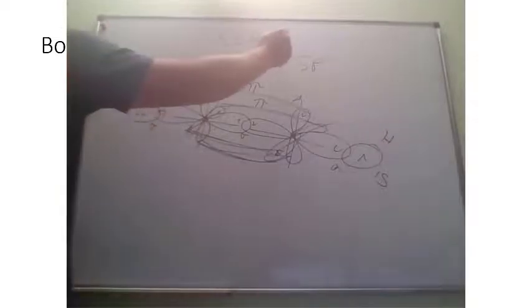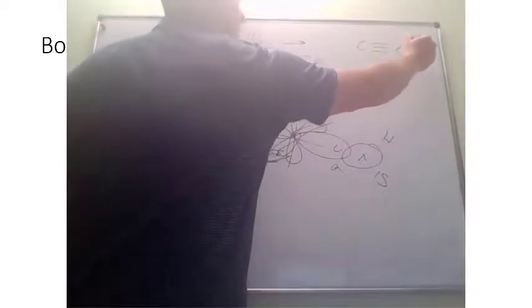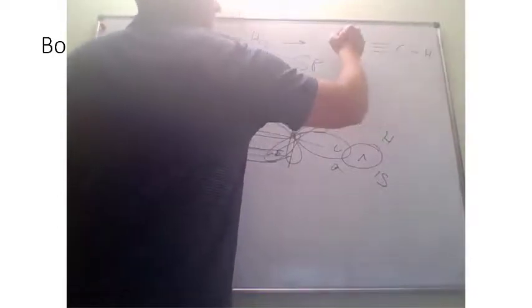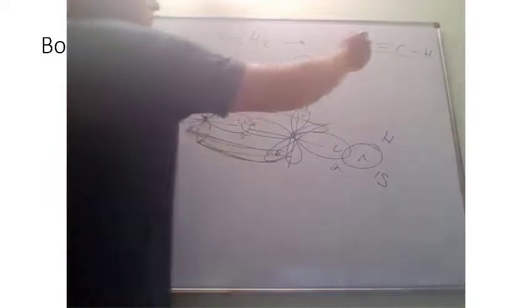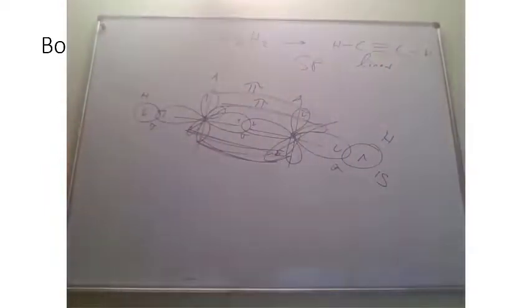So our VSEPR theory states that we should have a triple bond between our carbons and then hydrogens located here. And so this takes a totally linear shape, 180 degrees.